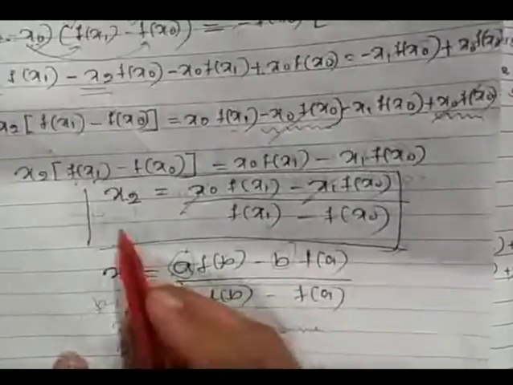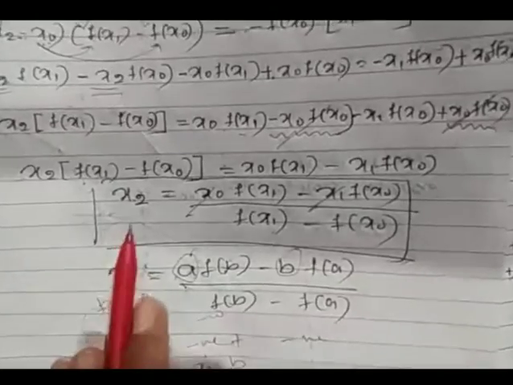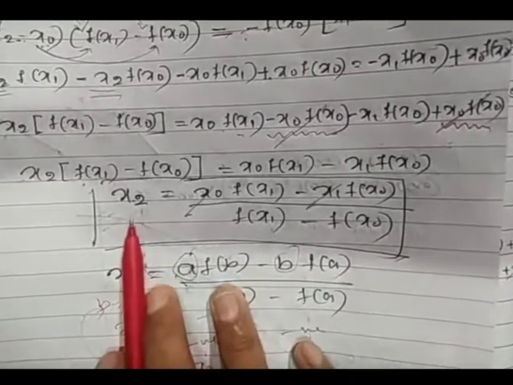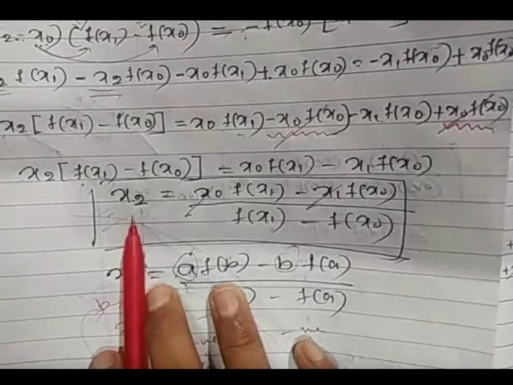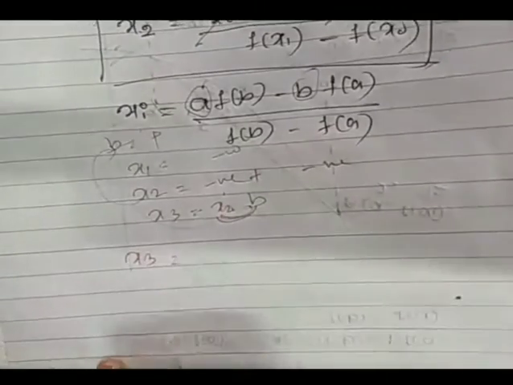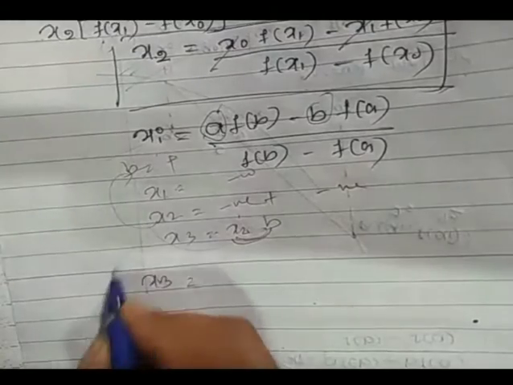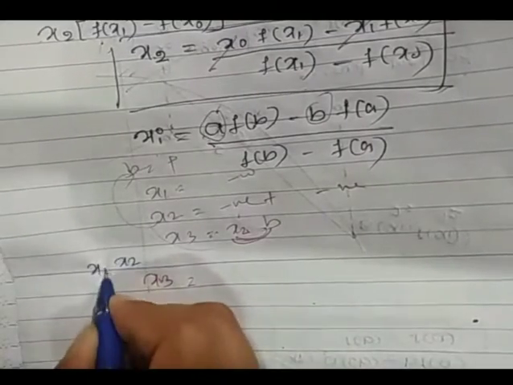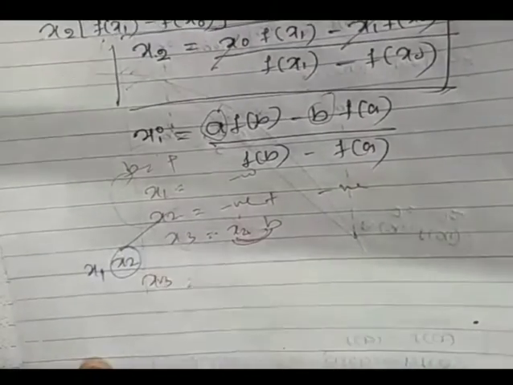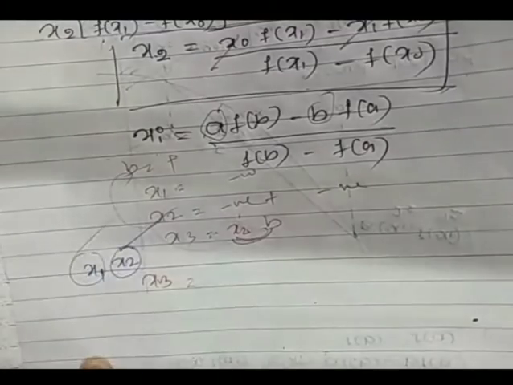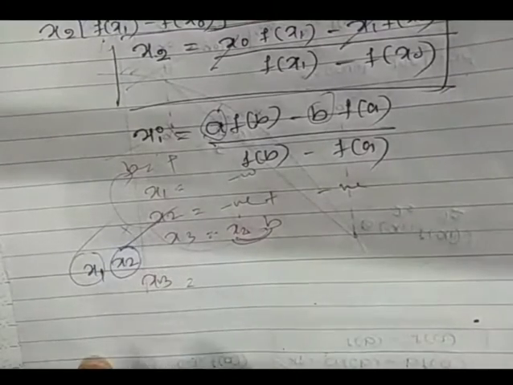But in the secant method, to calculate x2, it's the previous two results, that is x1 and x0, we have to consider. Next, to calculate x3, the previous two results will be x2 and x1. Whether it is giving us a positive or a negative value, it doesn't matter in the secant method.